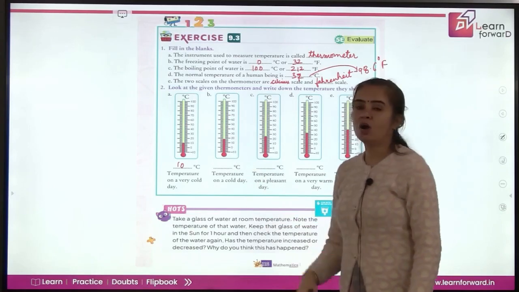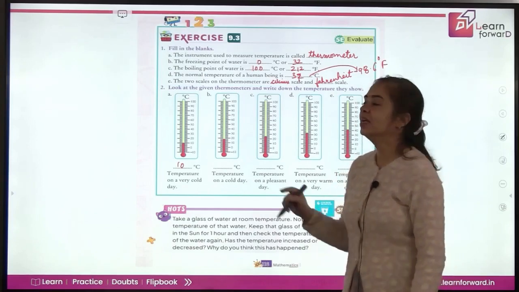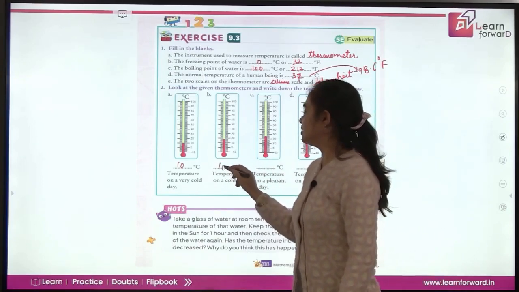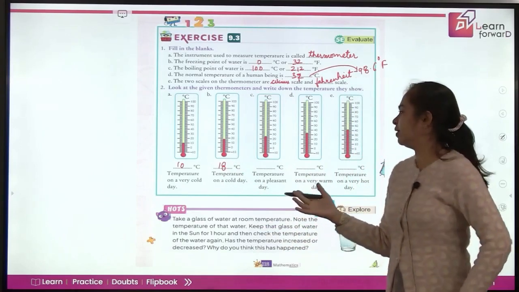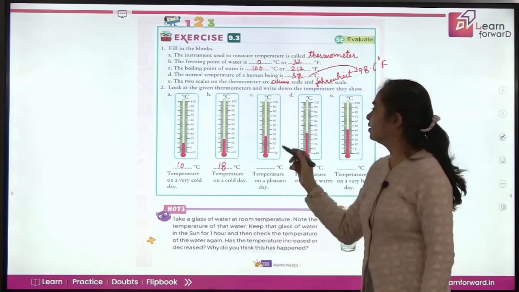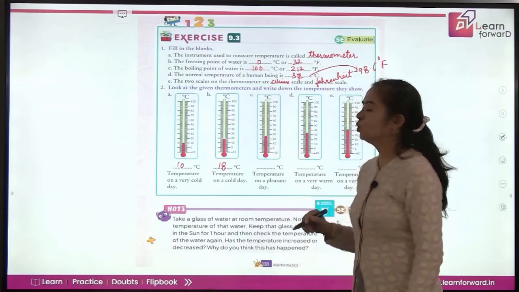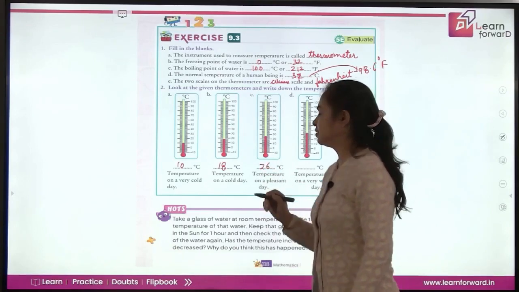This is, how much is it? Just a step behind 20 degrees. So it means it is 18 degrees centigrade, and this is the temperature on a cold day. This is how much? It's crossing the third level. So it is showing 26. That is, it is a pleasant day.